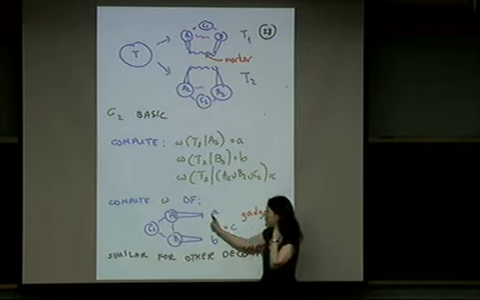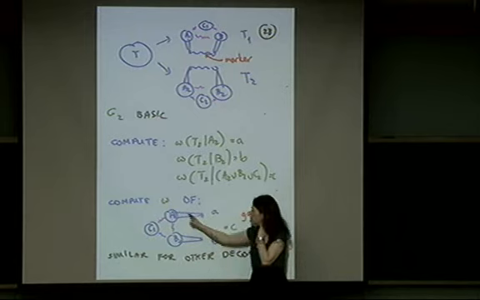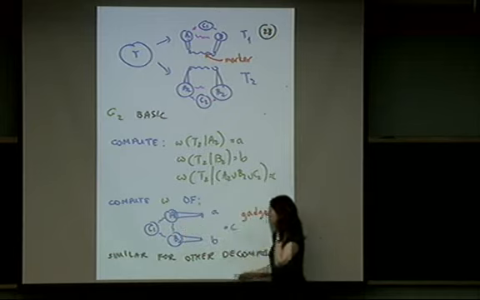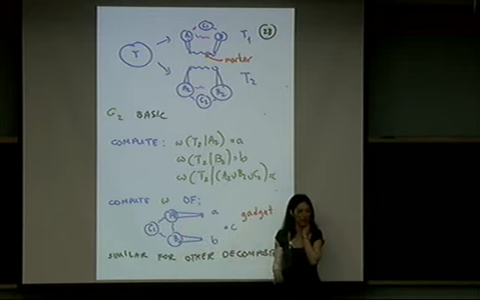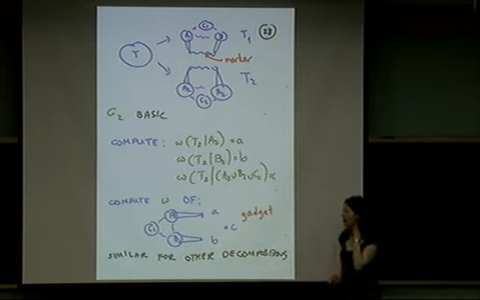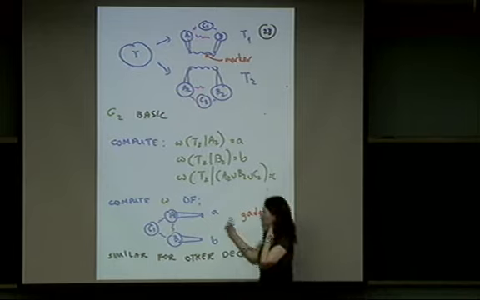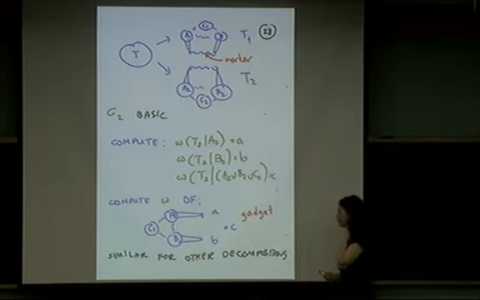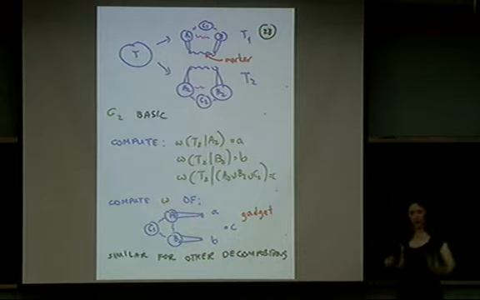A gadget is a vertex complete to A1 and anti-complete to B1 with weight A, a vertex complete to this and anti-complete to that with weight B, and a vertex anti-complete to everything with weight C. And now I claim that in order to compute the max weighted clique in T, it's enough to compute the max weighted clique here.